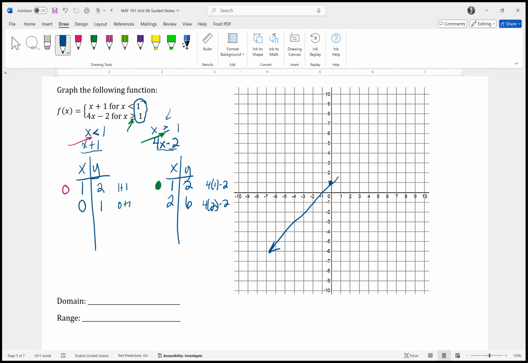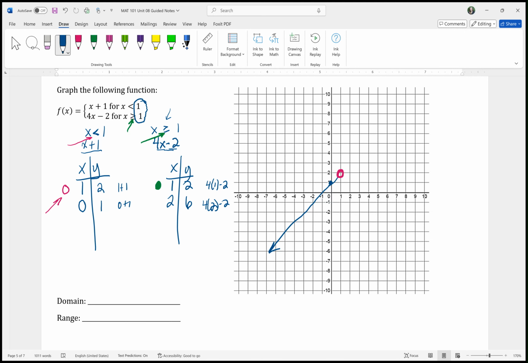Okay, so next we're putting the hole there where it's supposed to be. It said this is an open circle, so we have an open circle there. But for you would click that and then click 0, 1, then go down, click the open circle, and it will fix it.